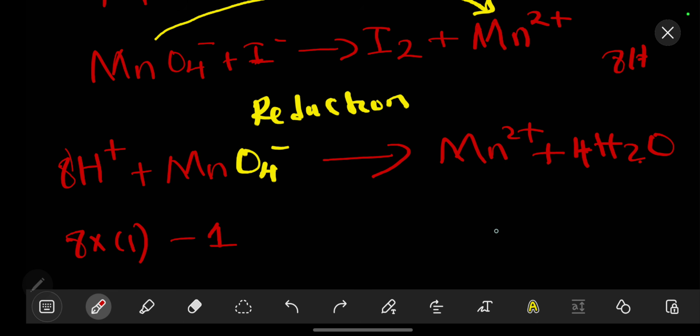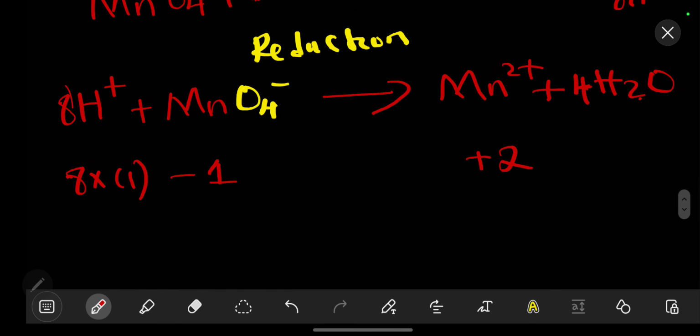So the overall charge on the left hand side is 8 minus 1, which shall be equal to 7, like that. So we have a charge of +7, and the right hand side is +2. These calculations can just be done on a separate paper that you're not submitting. So all we want to see is where should I add my electrons.